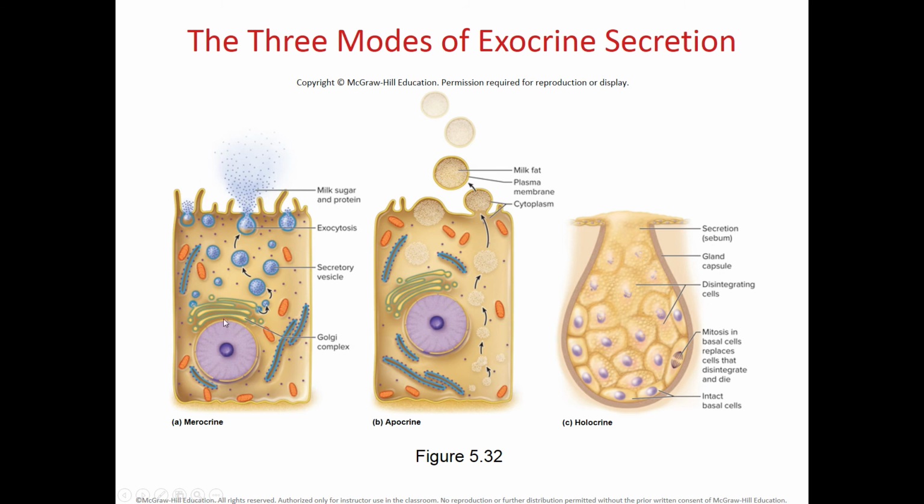So here we have merocrine glands that secrete their substances through exocytosis. And then in here we have glands that secrete their secretion with a portion of the plasma membrane in the case of the mammary glands. So they secrete the milk through globules of milk fat.